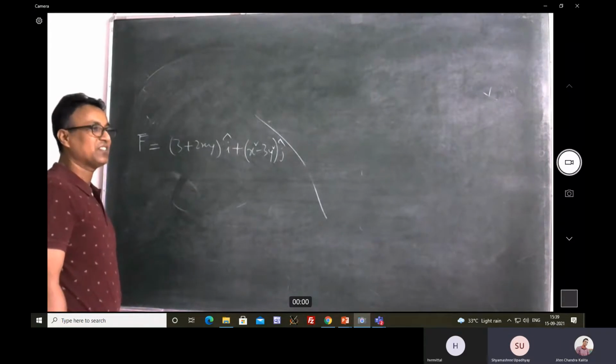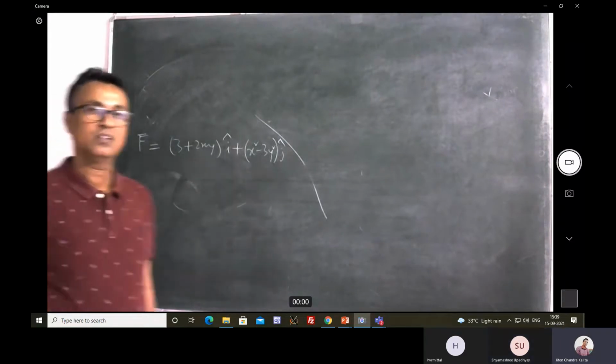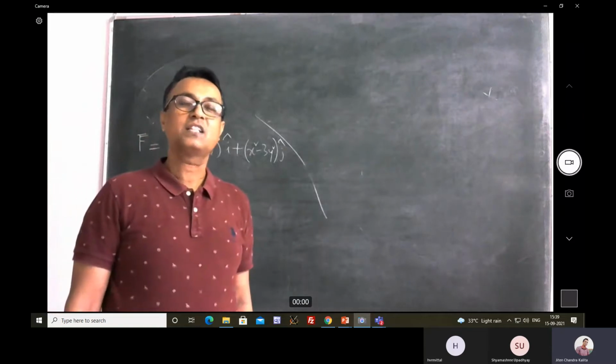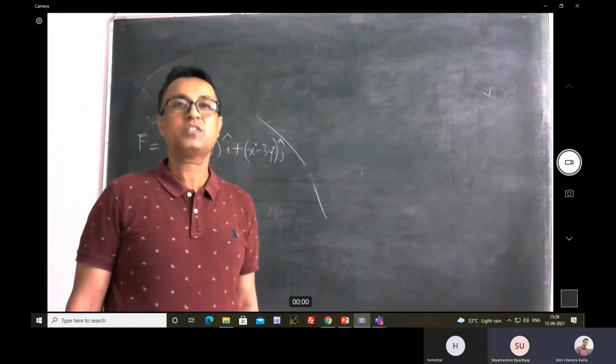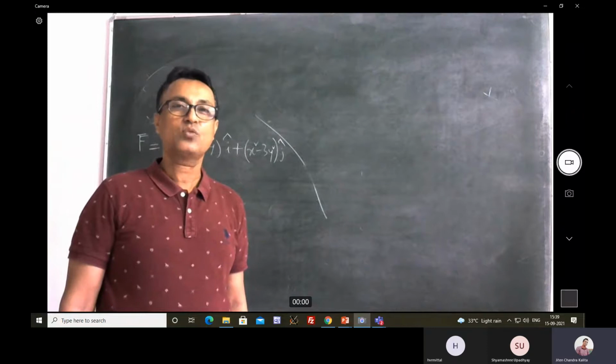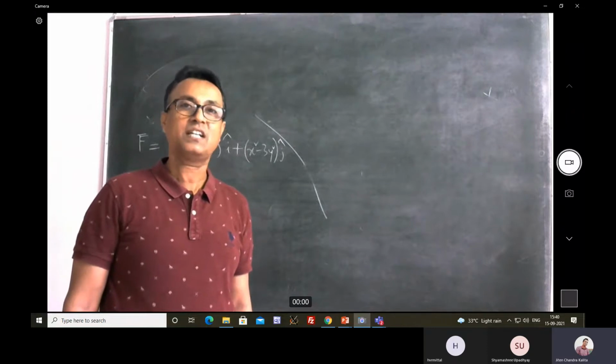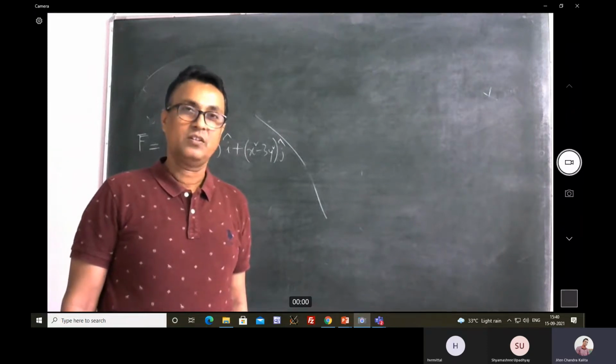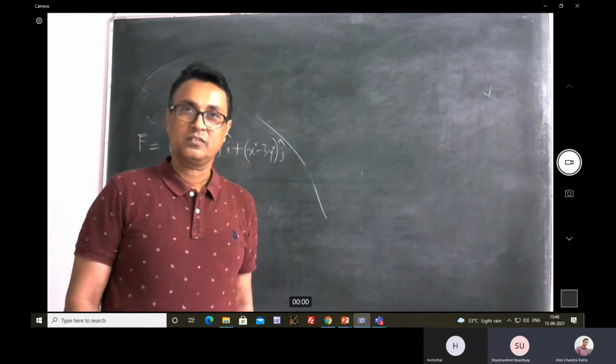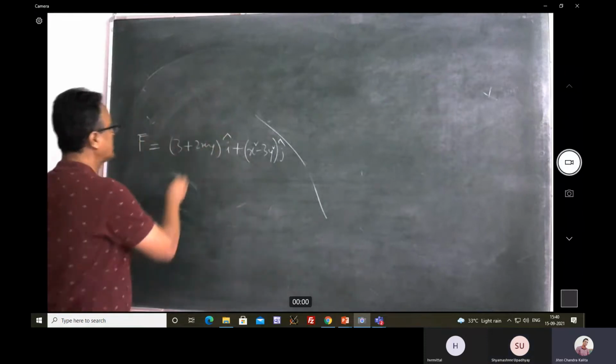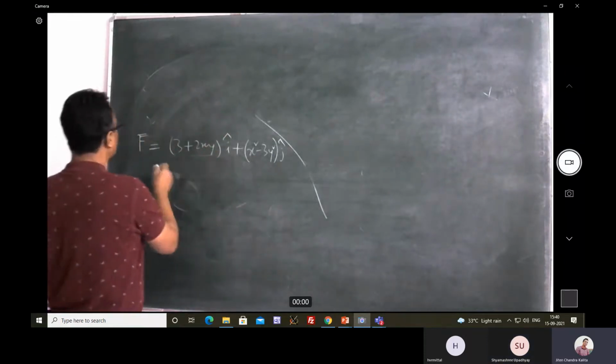The region on which we consider it has to be an open, simply connected region.